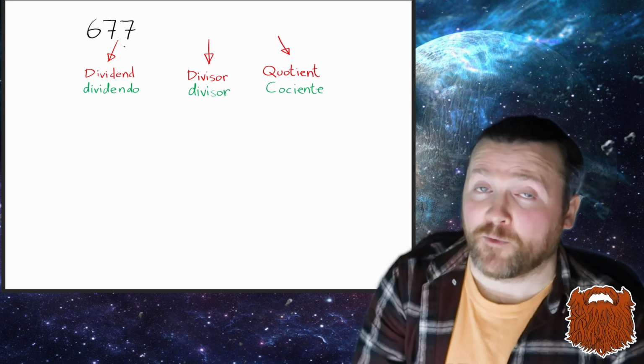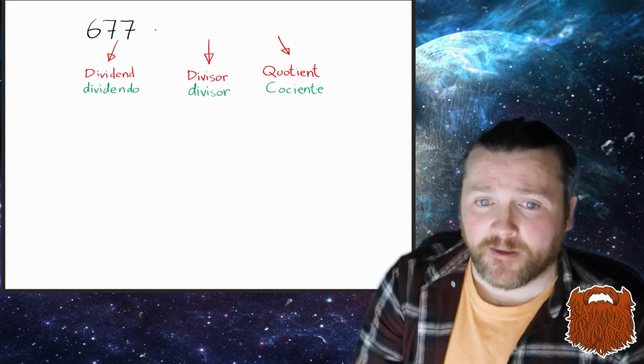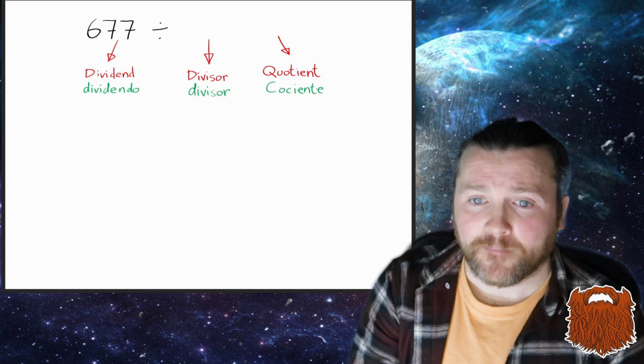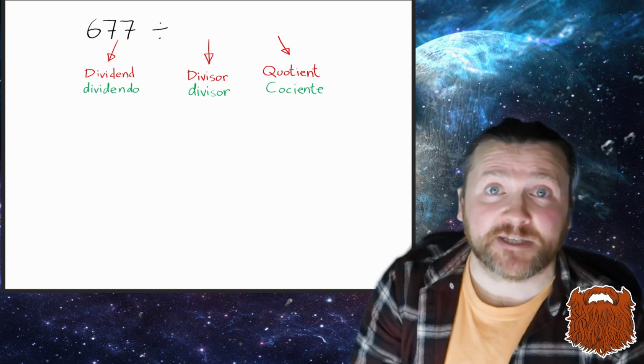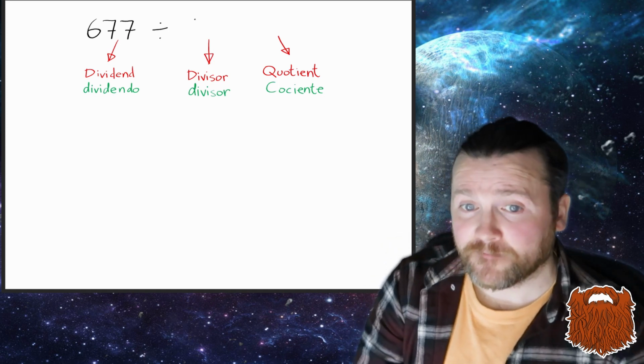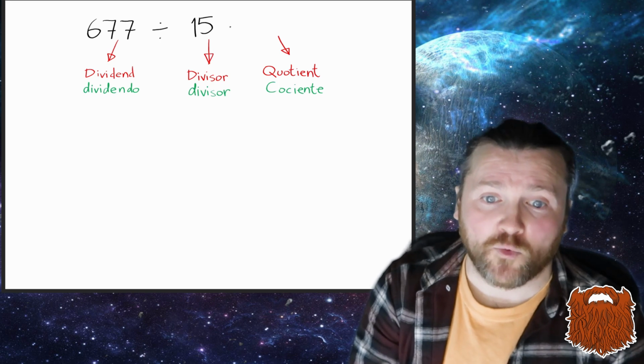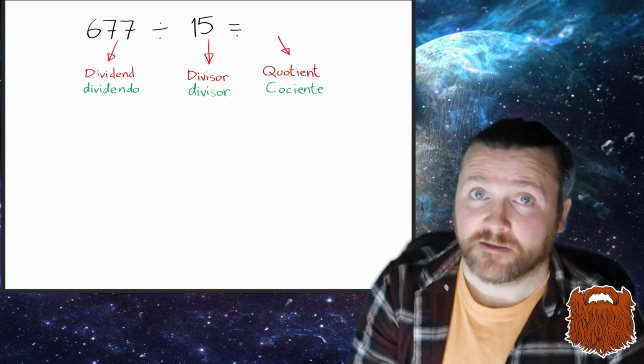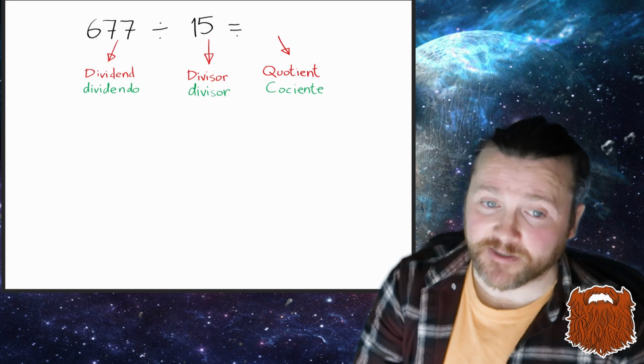That way we know that we'll have a remainder. Our divisor is still going to be 15. And we don't know our quotient yet. So we'll hold on and see what that is.